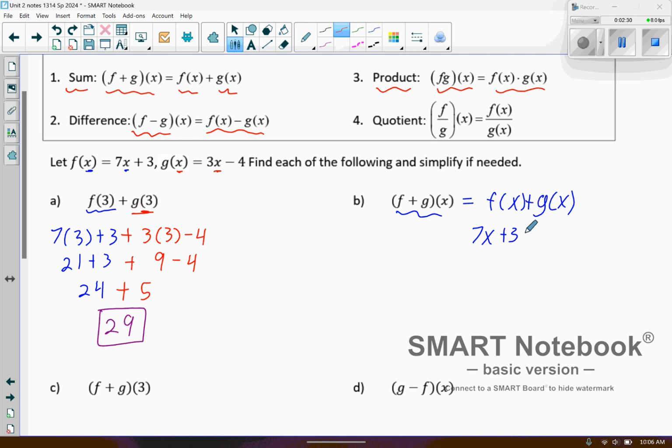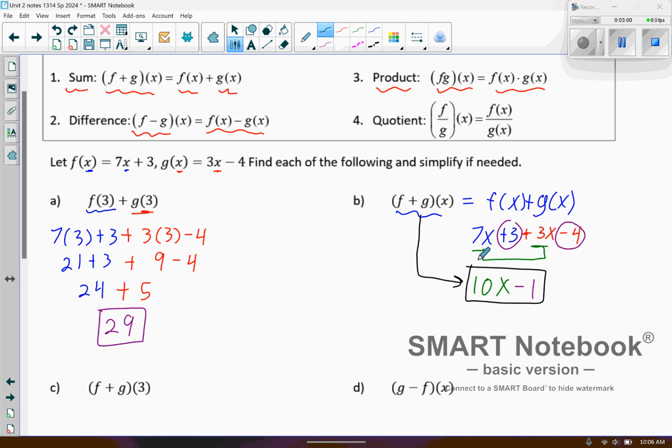And then for my g function, and I'm adding the two functions, so plus 3x minus 4. And what I want to do here is just combine my like terms. So I have 7x plus 3x. That'll give me a total of 10x. And then 3 take away 4 would be minus 1.